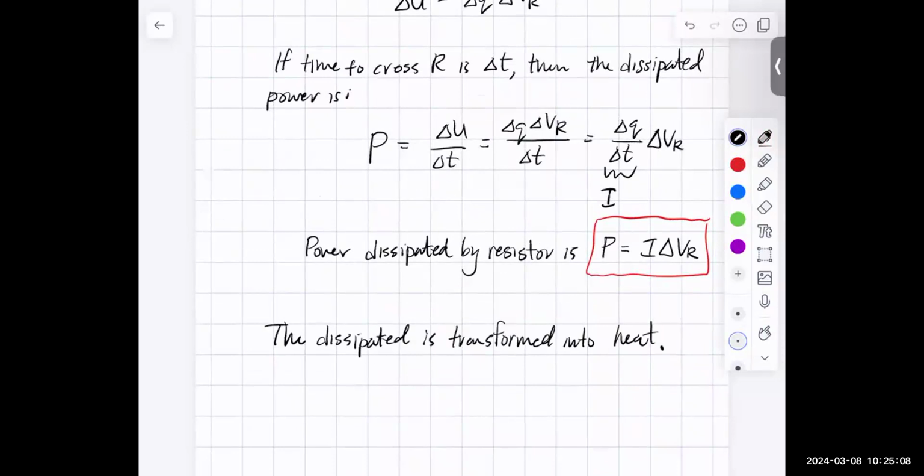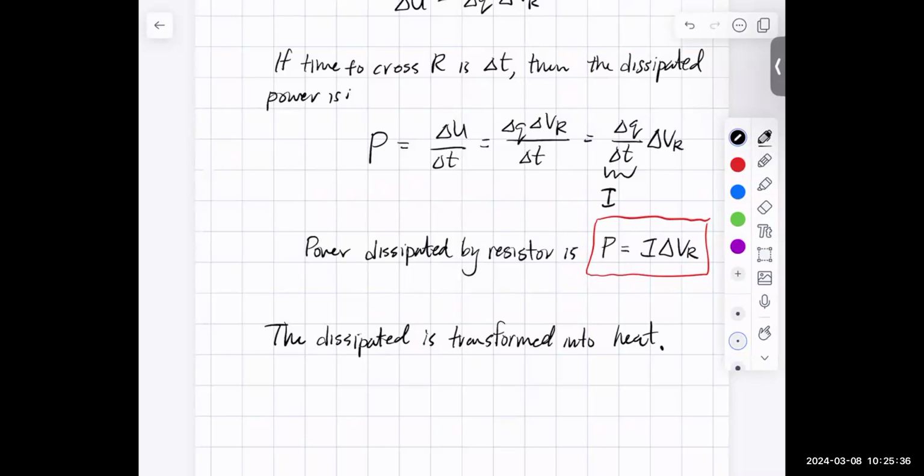Okay, this also tells us that if we want to sustain a current in a circuit that has a resistor, the resistor will constantly be taking energy out of the system and converting it into this thermal energy, this heat. So you must have something that is always injecting the amount of energy that's lost back into our system.